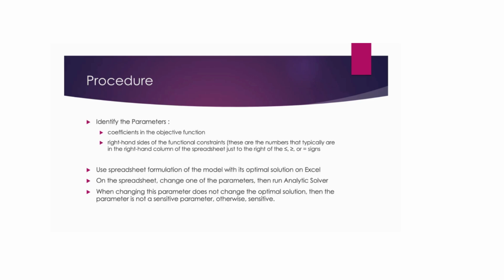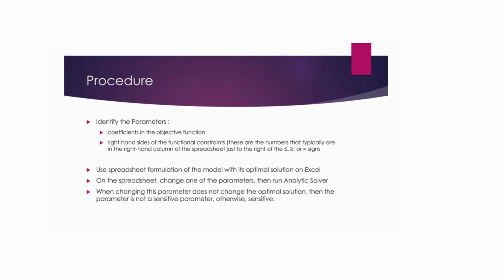In our previous discussions, I showed you the spreadsheet and also the location of these parameters. I presented two kinds of parameters, those in the coefficients, specifically the numerical coefficients pertaining to the unit profit. And the other parameters were in the right-hand sides of the functional constraints.